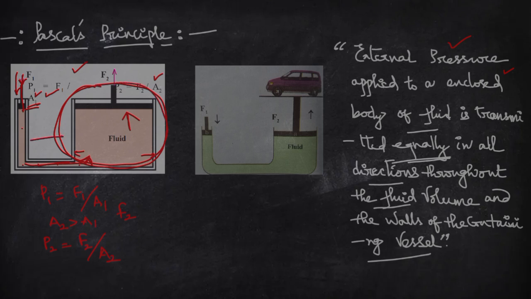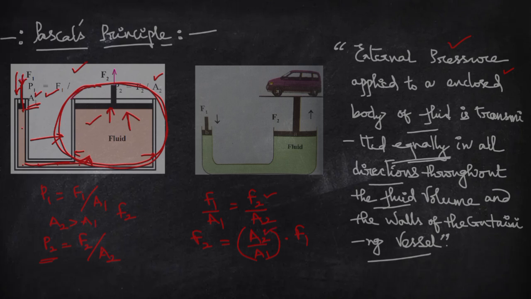Due to the applied pressure only, the piston moves up with pressure P2. So I can write here F1/A1 = F2/A2. Then the upward force in this chamber is F2 = (A2/A1) × F1.